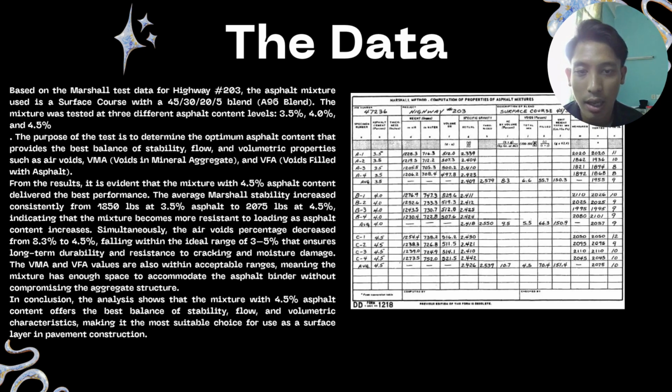Similarly, the air void percentage decreases from 8.3% to 4.5%, falling within the ideal range of 3-5%. That ensures long-term durability and resistance to cracking and moisture damage.